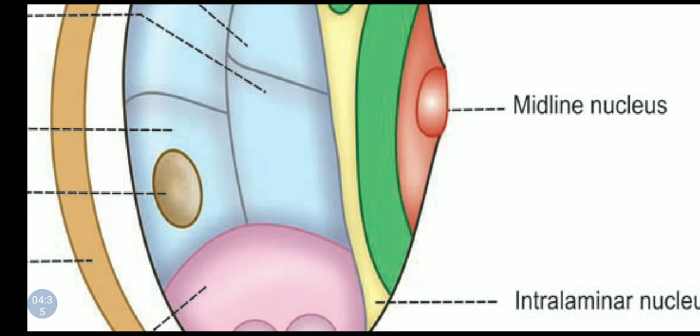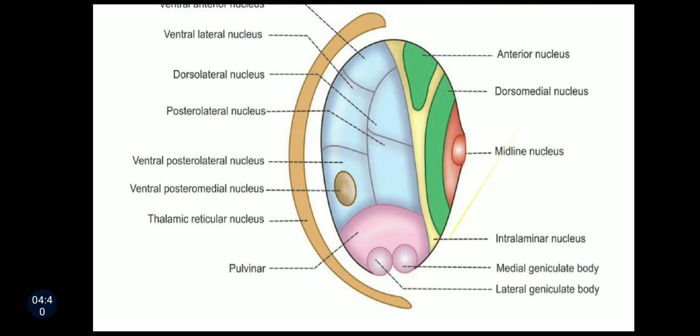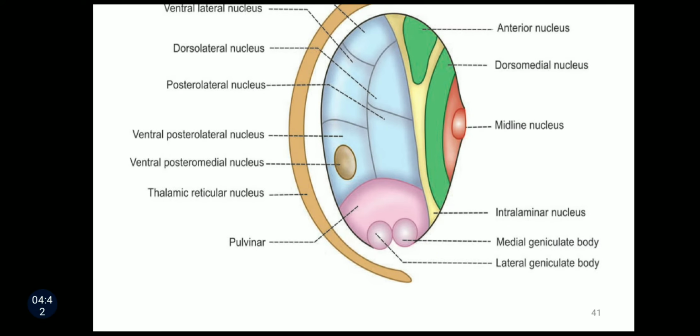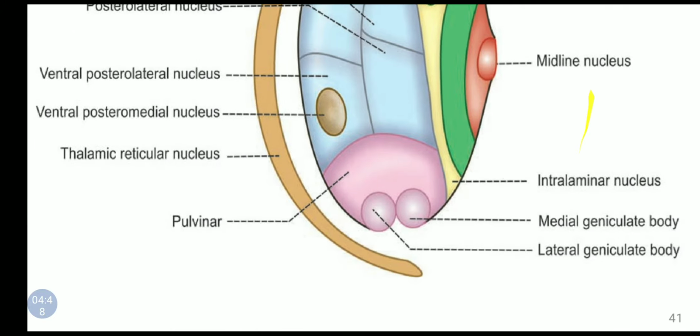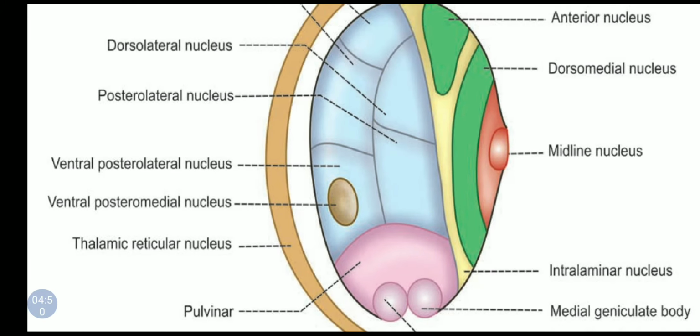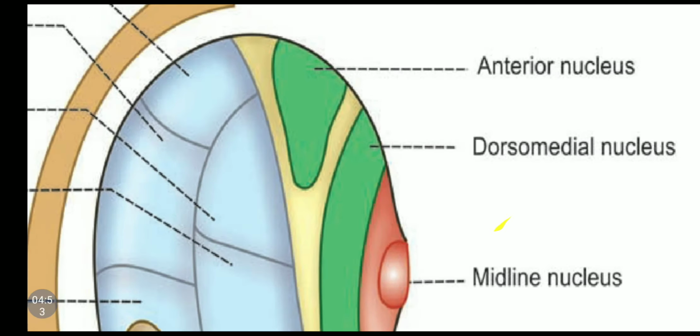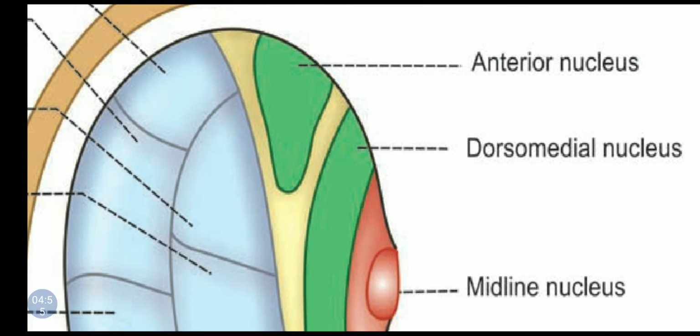Then the third is the medial mass of nuclei, which is again classified into two types: the anterior nucleus and the dorsomedial nucleus. Here you can see in green color the anterior nucleus and dorsomedial nucleus. These are the medial mass of nuclei.